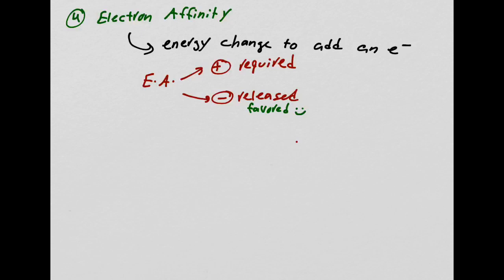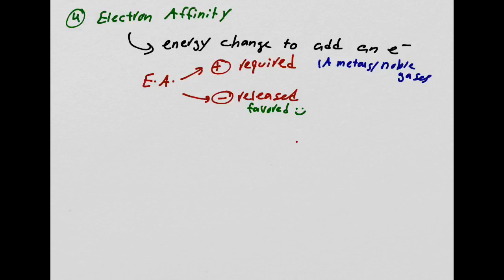Now, let's talk about the 1A group, 1A metals and noble gases. They do not want to add an electron. Noble gases are already beautiful.